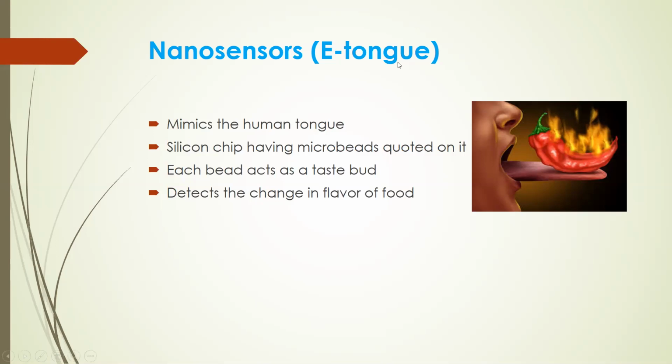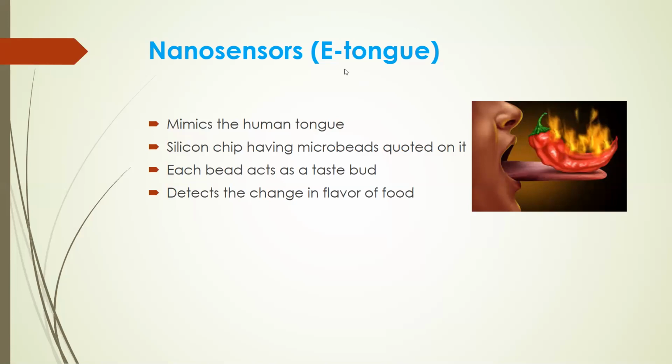And this is due to the fact that the human tongue contains a huge number of taste buds. Each of these taste buds is able to specifically detect the specific tastes that are present in the items that we are going to eat.